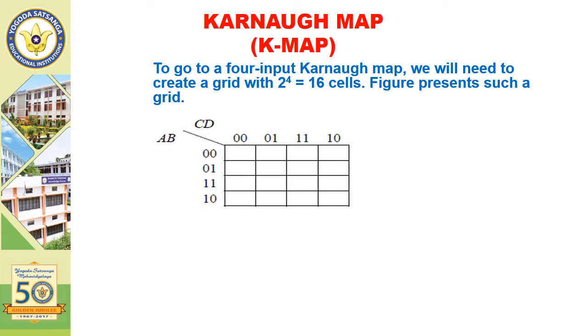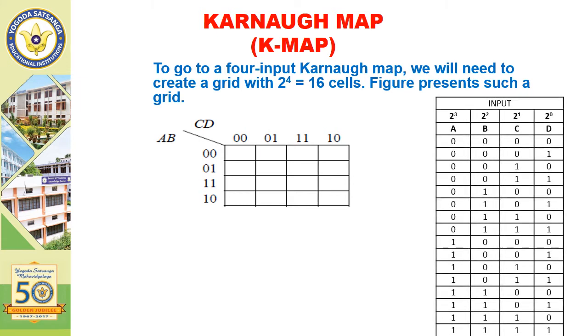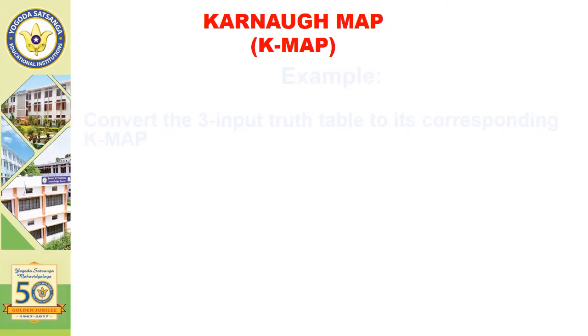Here it is also worth noting that the sequence 0 0, 0 1, 1 1, 1 0 is actually 0 0, 0 1, 1 0 and 1 1, but for the rule of changing one bit, we mention here 0 0, 0 1, 1 1 and 1 0. Here we represent a truth table of 16 cells with 4 input variables.